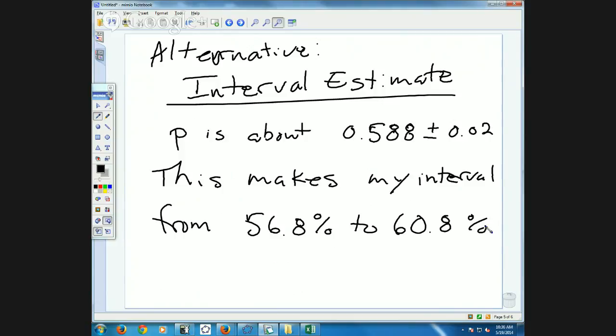So with a 2% margin of error, which I decided for no good reason, based on our sample of 17 people having 10 women, I predict that the actual percentage of females at BMCC is somewhere between 56.8 and 60.8. Now, we usually don't know the actual p, so I think p is in here. That's what I'm saying. Am I right?